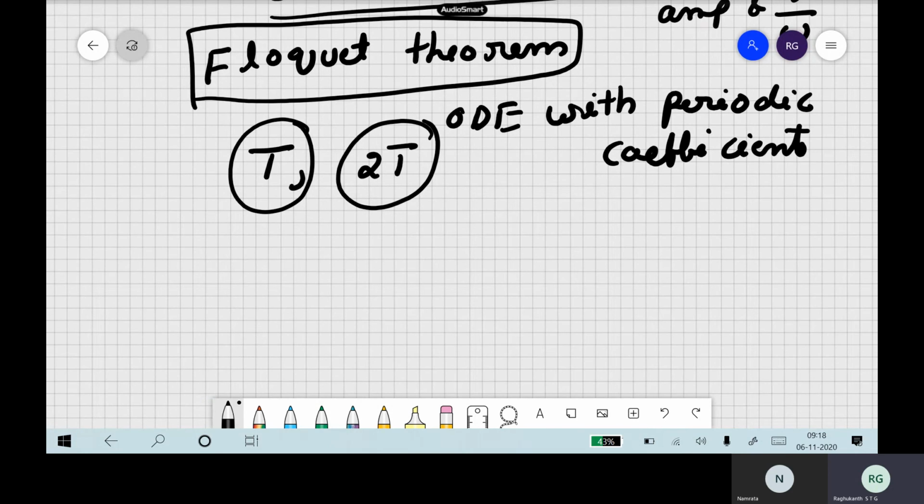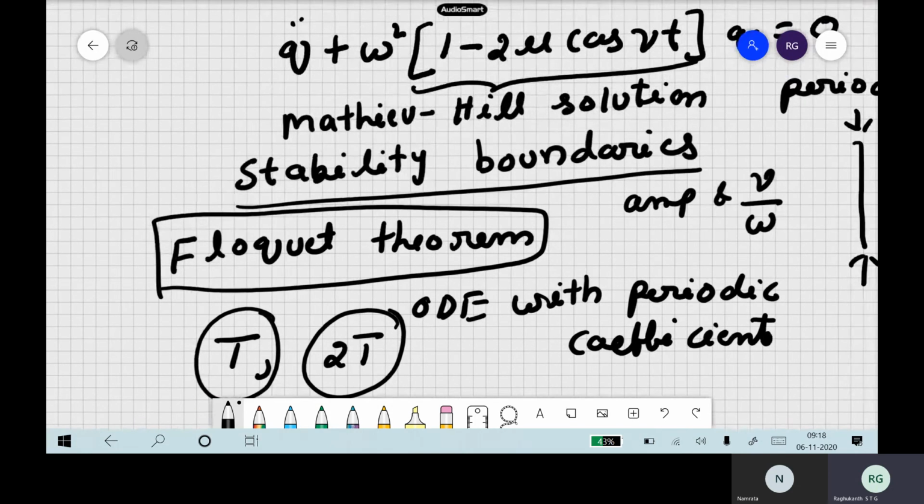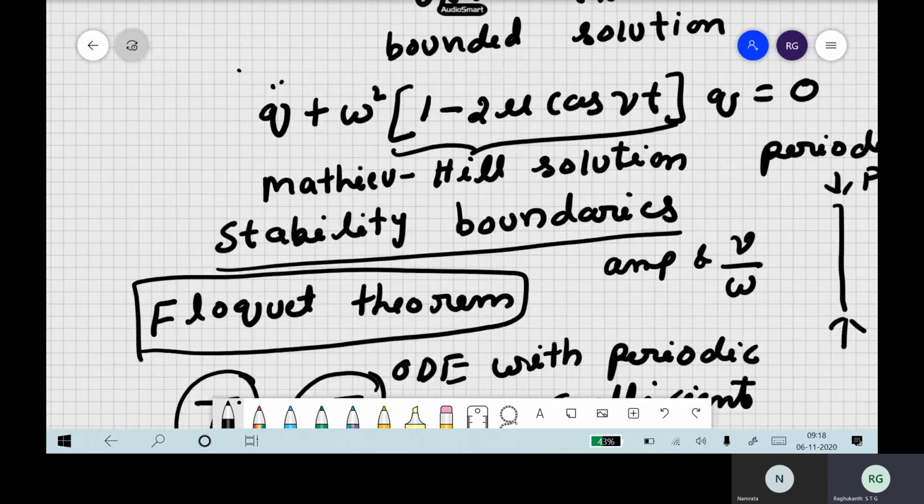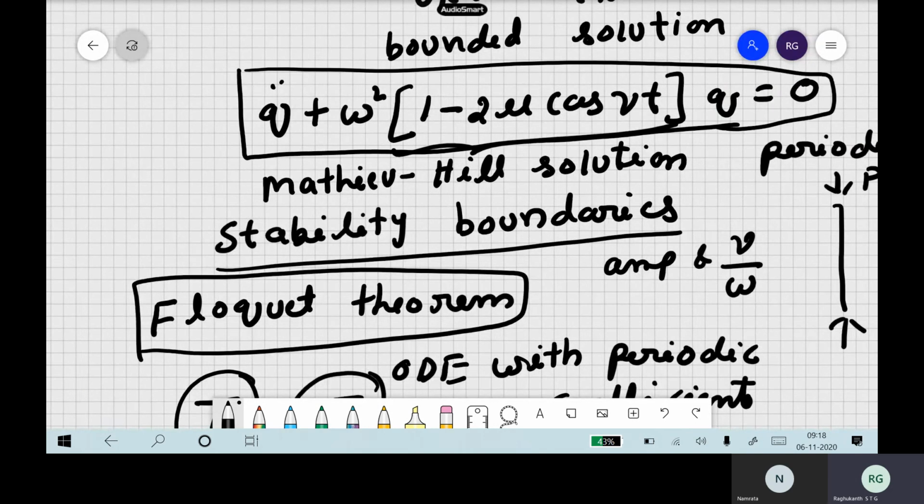Now for this problem, this is our equation of motion, this is our Mathieu-Hill equation. As per Floquet's theory, two solutions exist, one with a periodicity 2T, another one with a periodicity T itself.